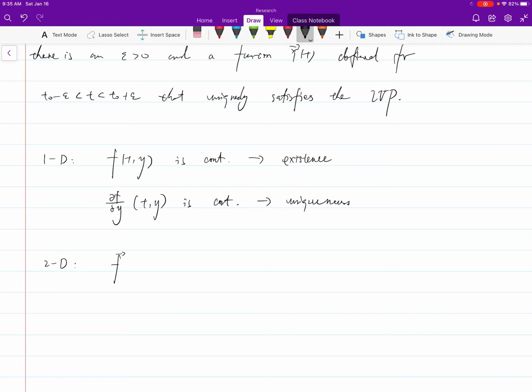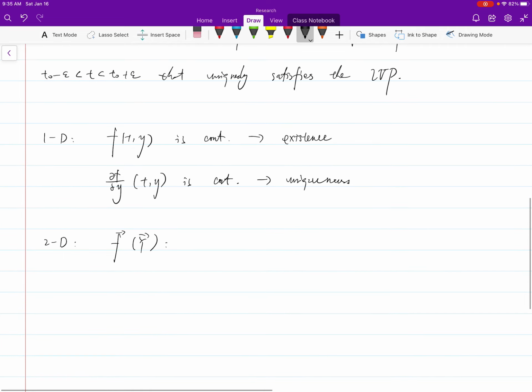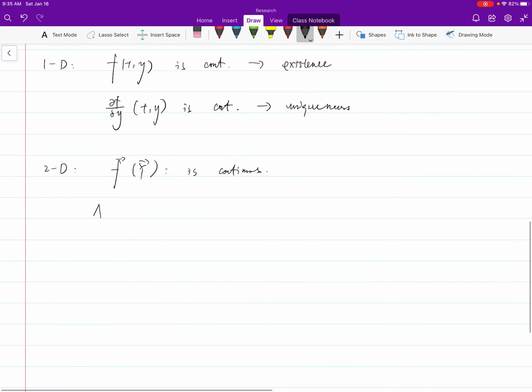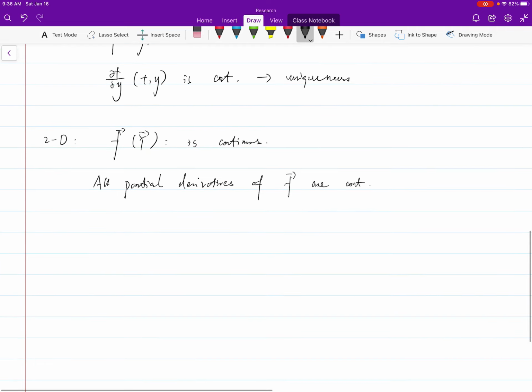We basically want f to be continuously differentiable. That means what? That means this is continuous. It also means all partial derivatives of f are continuous, which includes partial f, partial t, partial f, partial x, partial f, partial y, because your capital Y vector involves 2 variables and 2 functions.